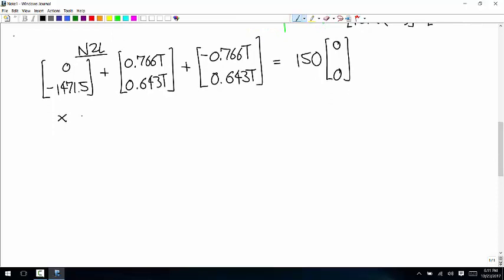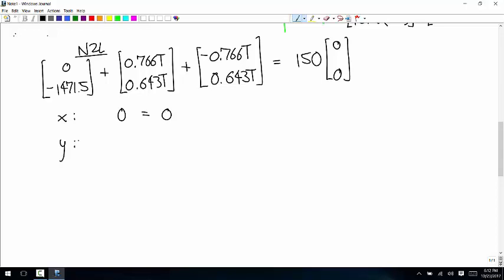So the x equation says 0 plus 0.766 T minus 0.766 T is equal to 0. What do you get if you add 0.766 T and then subtract 0.766 T? Yeah, so you just get 0 is equal to 0 for the x. Those two cancel out.